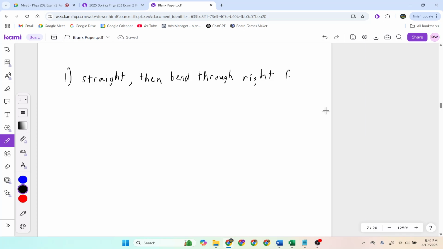All lenses have 2 focal lengths, one on the left side, one on the right side. You are going to draw a straight line. It's going to hit the lens, and then you're going to bend it through the right focal length F. And then you just draw one more line. The second line, go through left F focal length, then go straight.